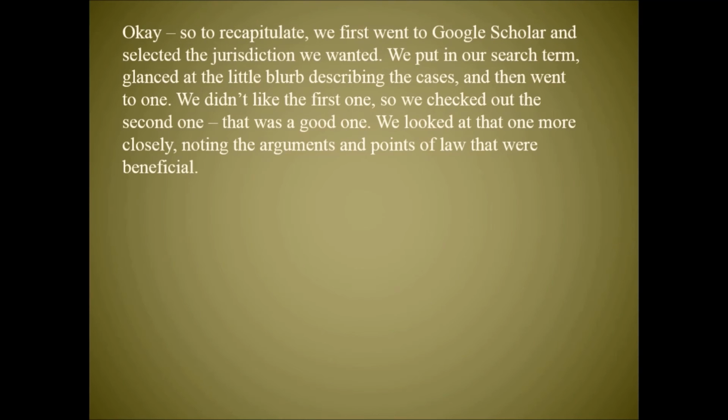And we know that that's an option that Google Scholar has and Google itself does not. So that's why we went to Google Scholar. We put in our search term, and then we glanced at the little blurbs which describe the cases on the search results. We didn't find that those descriptions were very helpful in the case of bankruptcy and student loan discharge, but in many kinds of cases they will be quite helpful, just not in these.